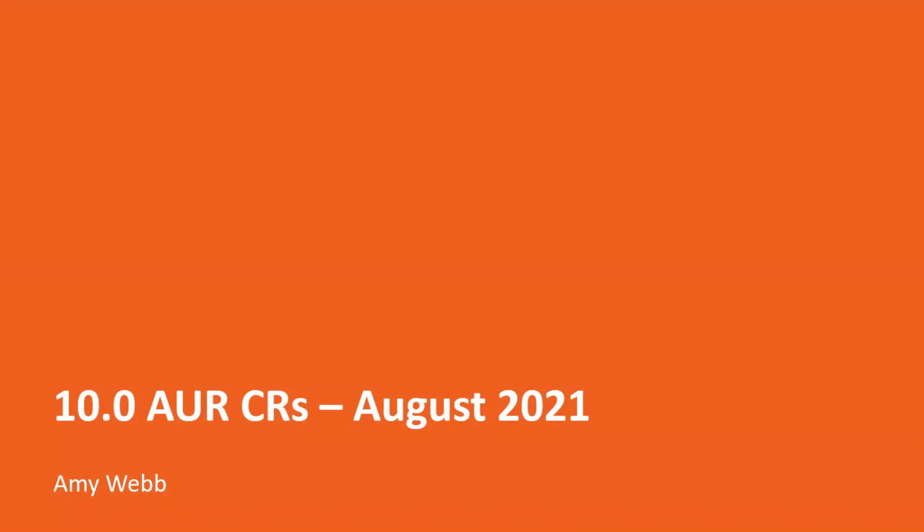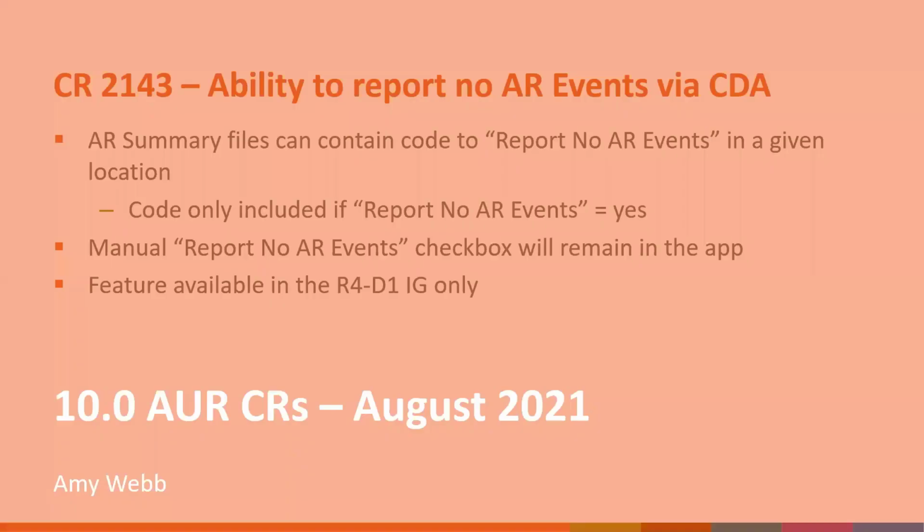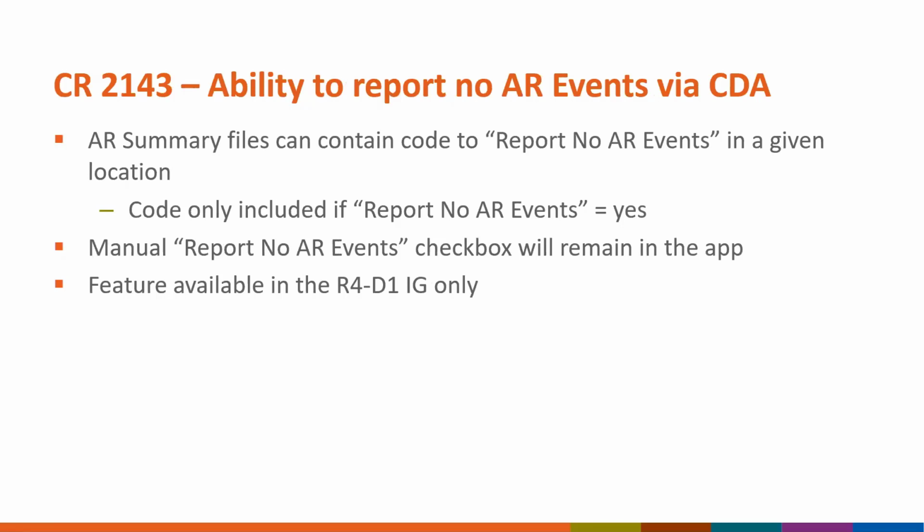Next up, we'd like to share some upcoming AUR changes slated for the 10.0 release, currently scheduled for August of 2021. CR2143 will add the ability to report no events within the AR summary CDA file.